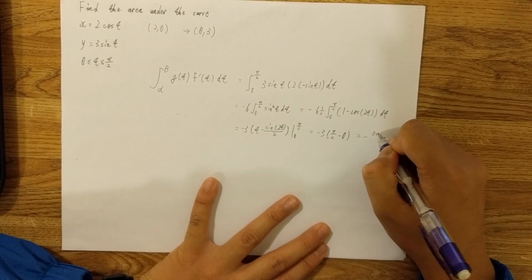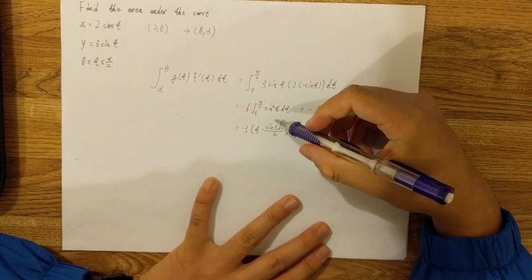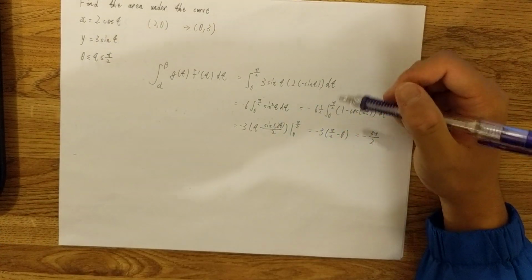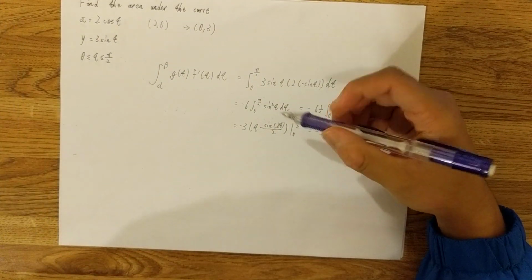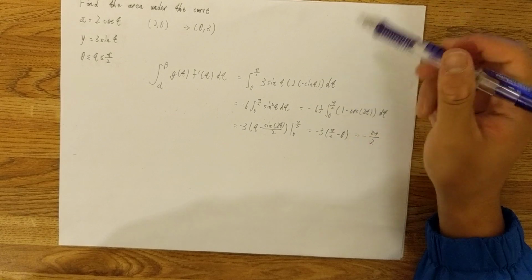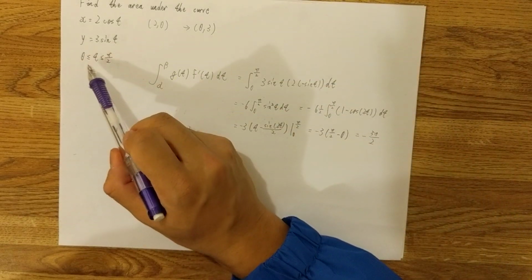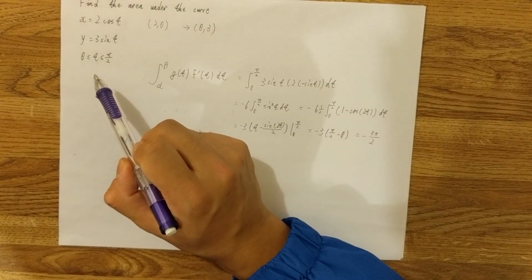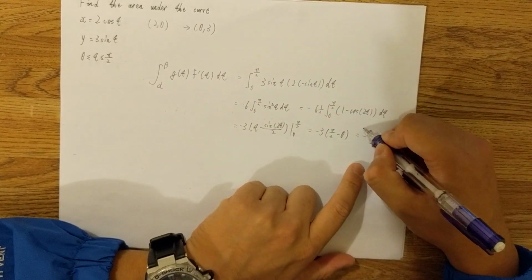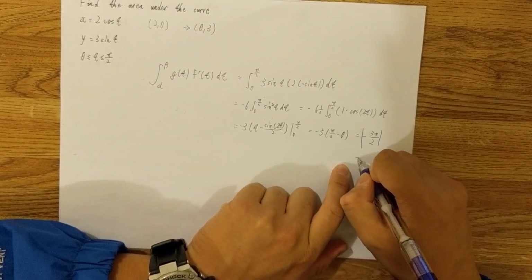So this will be the area under the curve. From t equals 0 to pi over 2, the area under the curve will be the absolute value of this, which is 3 pi over 2.